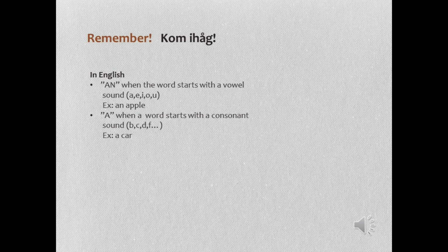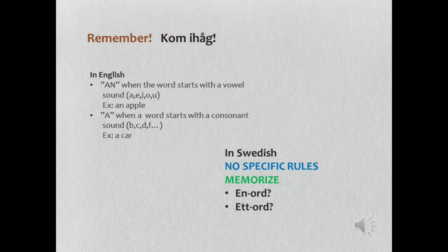However, we use a when a word starts with a consonant sound such as b, c, d, f, g, and so on. Example, a car. But in Swedish, there are no specific rules. All you have to do is memorize which are n-ord and which are ett-ord.